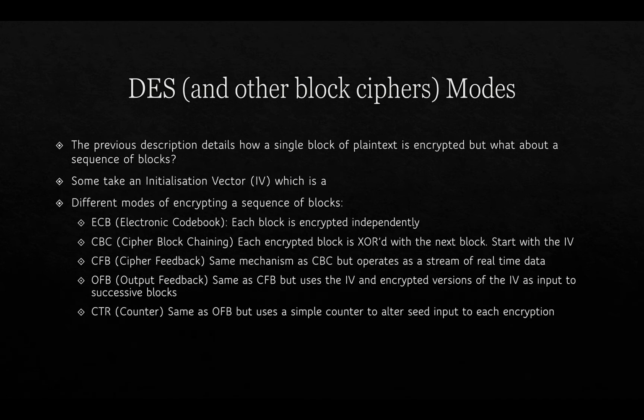When you take a single block of plaintext, that's the process, but what about a sequence of blocks? So in this case, we sometimes use what is called an initialization vector, or referred to as a seed. So you'll see in encryption ciphers the use of IVs or seeds, as they're called.